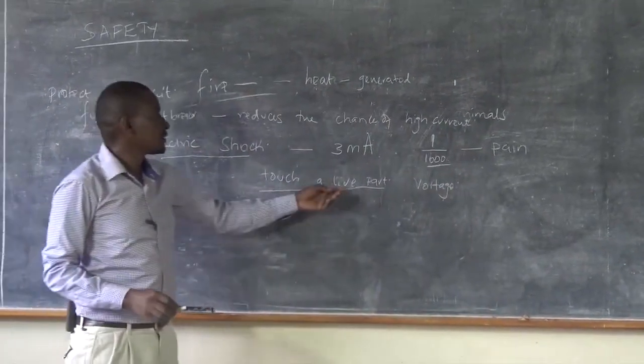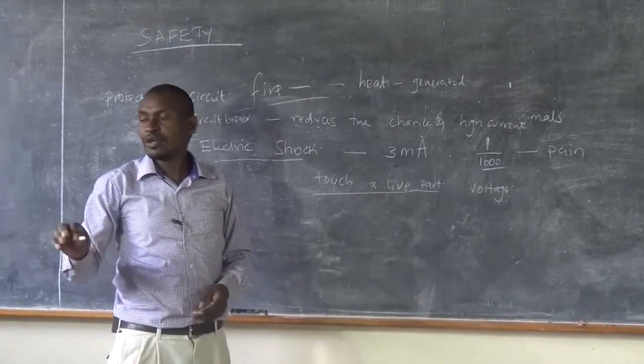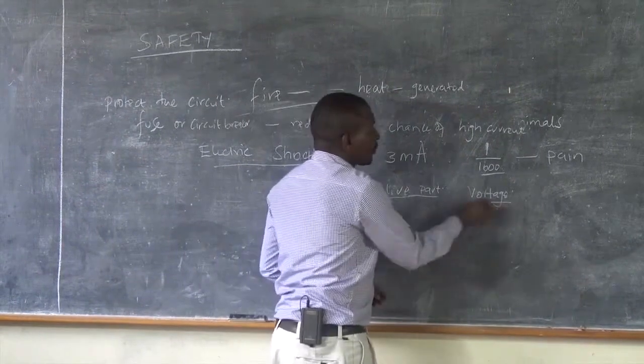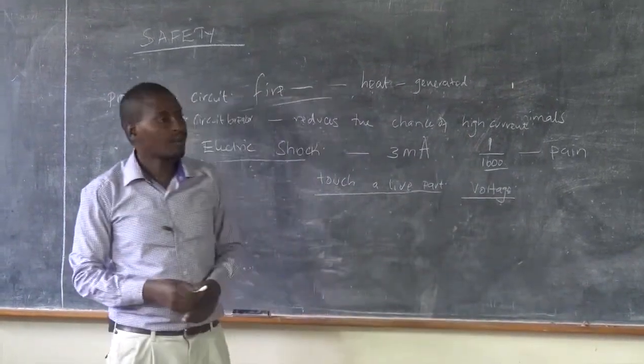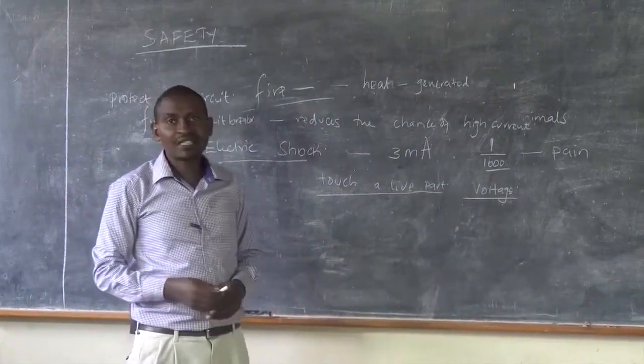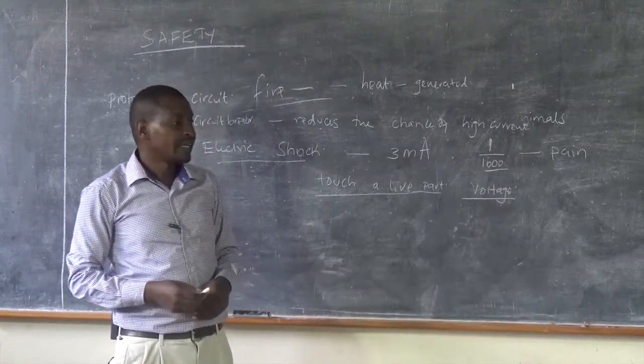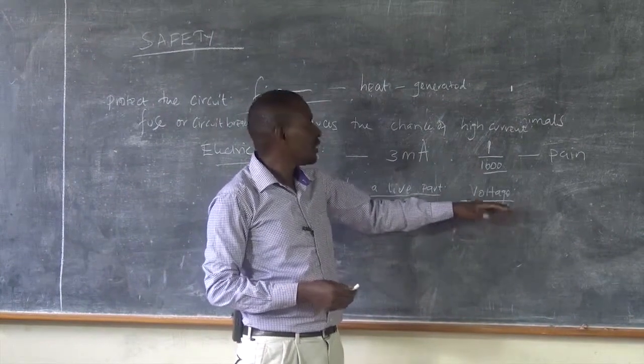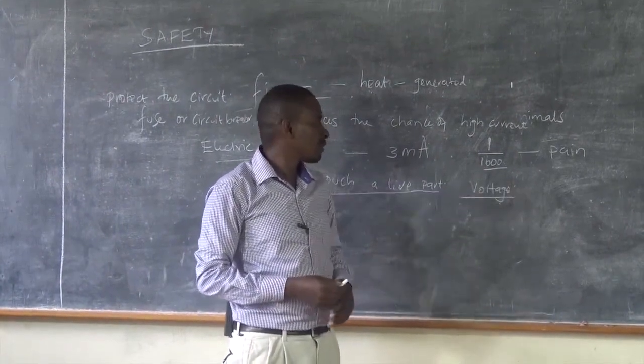So a live part simply means that between that point and the general mass of the earth, there is a voltage. So if a human being comes into contact with such a part, then they will also be at a closer voltage, because there is a potential between that part and the body.